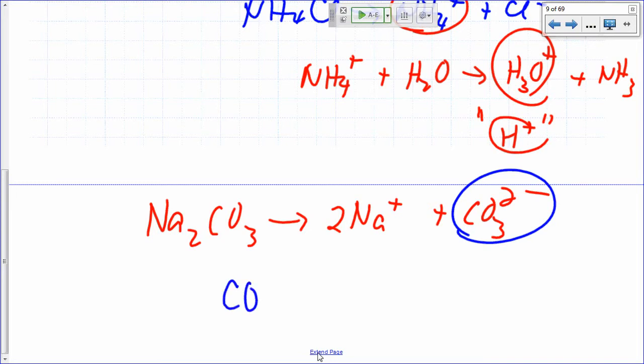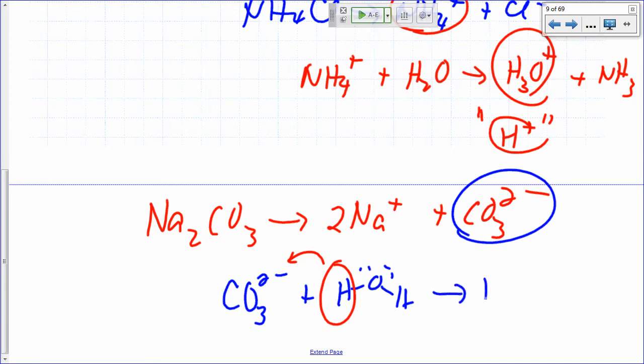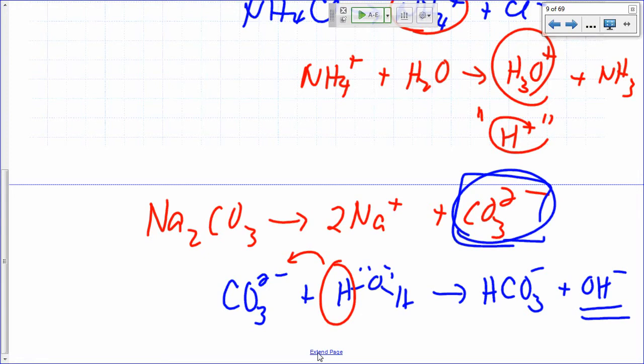A carbonate ion can pull a proton away from a water molecule to give you bicarbonate ion plus hydroxide ion. So it makes the solution basic not because it broke up and gave you hydroxide, but because one of the fragments that came from it reacted with water to give you hydroxide.